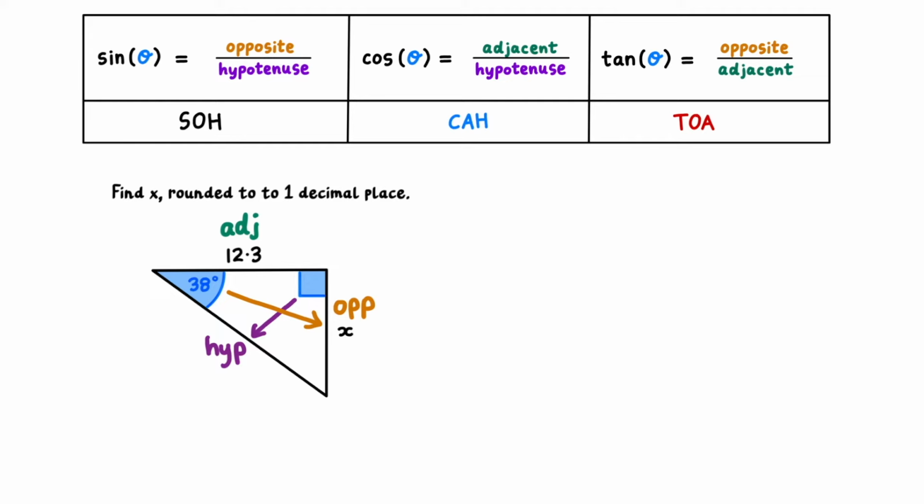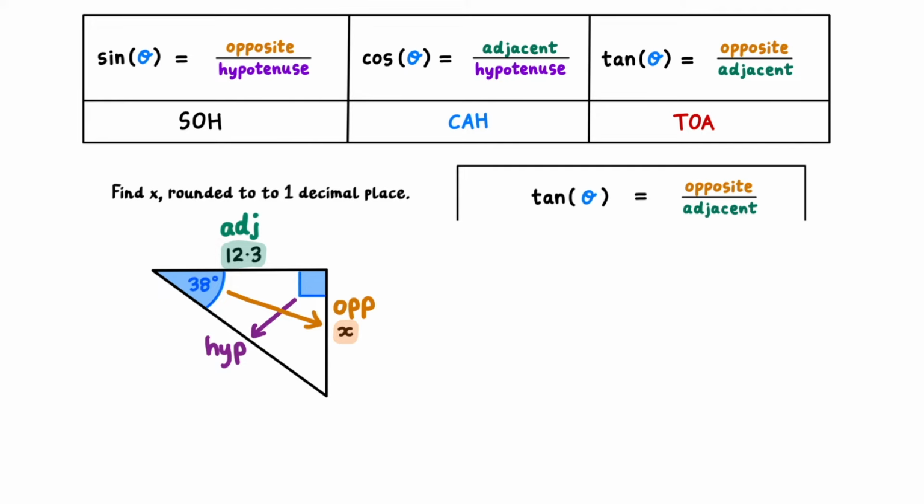In our triangle, the opposite corresponds to x, and the adjacent corresponds to 12.3. However, the hypotenuse doesn't correspond to anything. Since we have information on the opposite and adjacent, we should use the ratio which involves these two quantities, and that's tan.